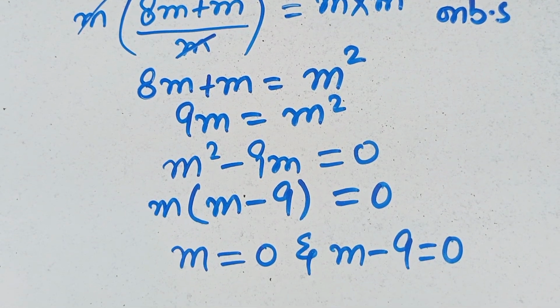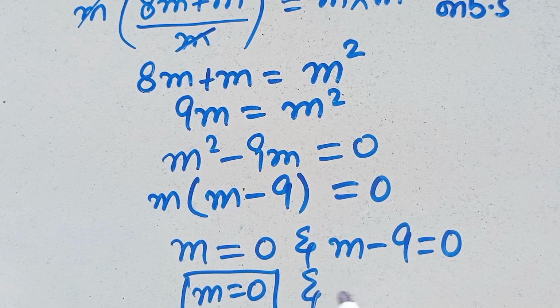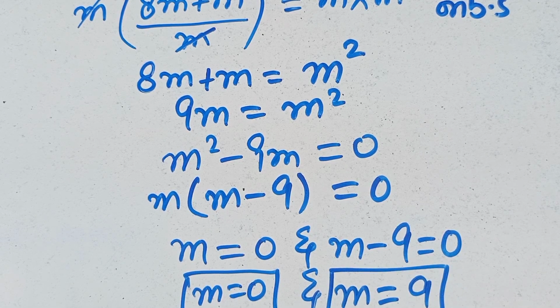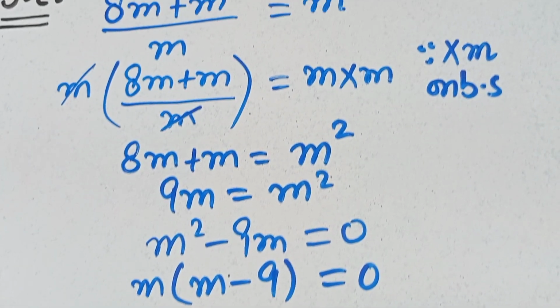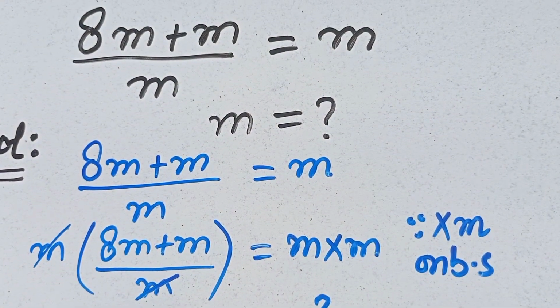So we got our first value of m as 0, and for the second value we can simplify it as m equals, shifting minus 9 to the other side, m equals 9. So we have found by the first method m equals 0 and m equals 9.